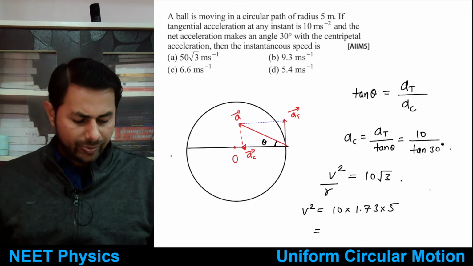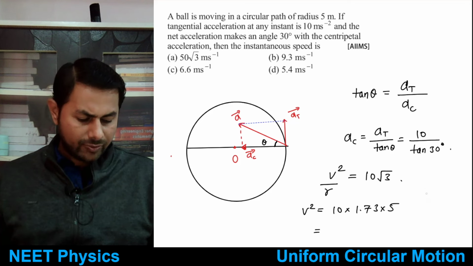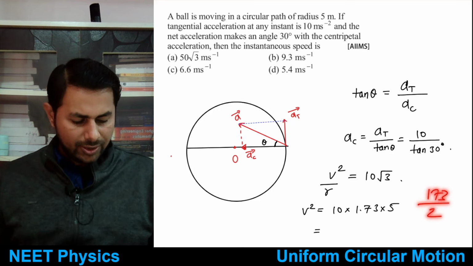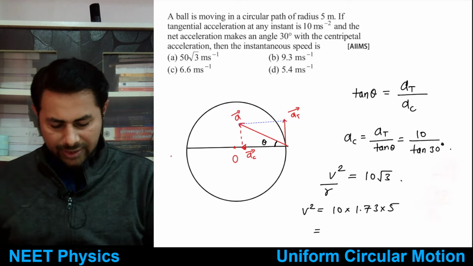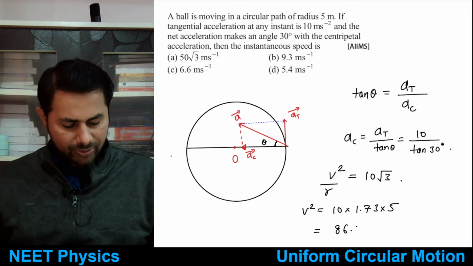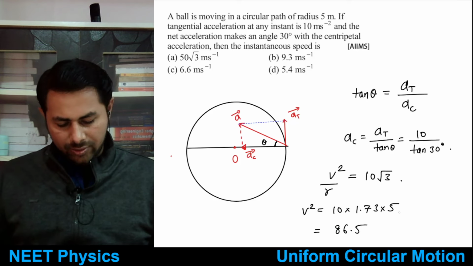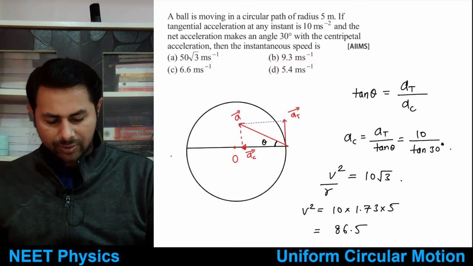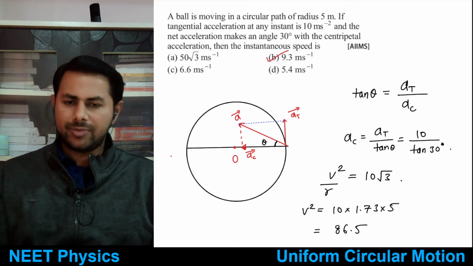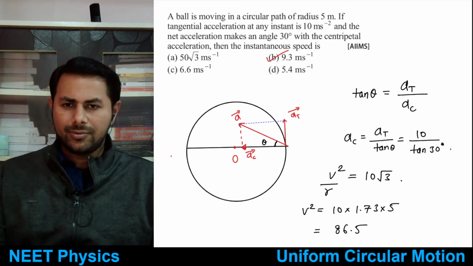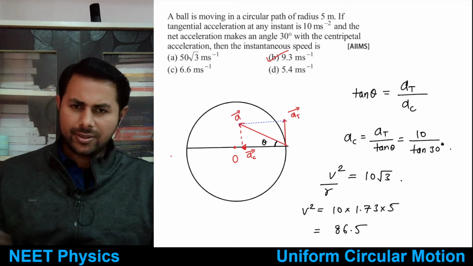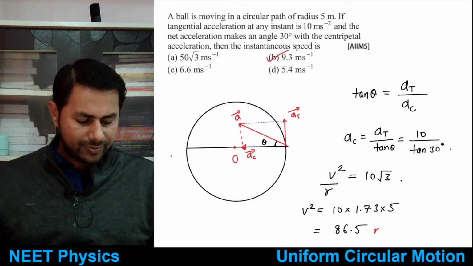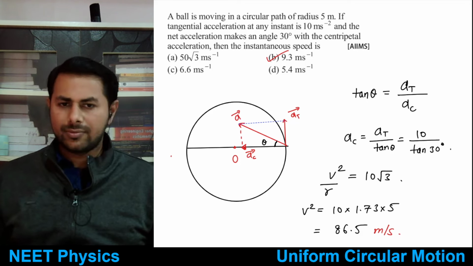So you have 173 divided by 2, so that will be 86.5. Yamini said option B, no? You're correct, it's option B, 9.3 meters per second. Good, because 9 square is 81, so this will be a little bit more than that, right?